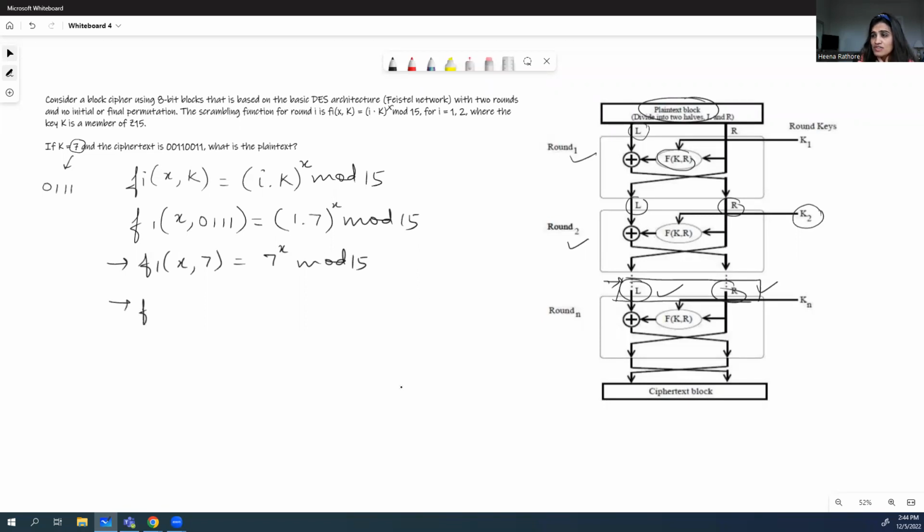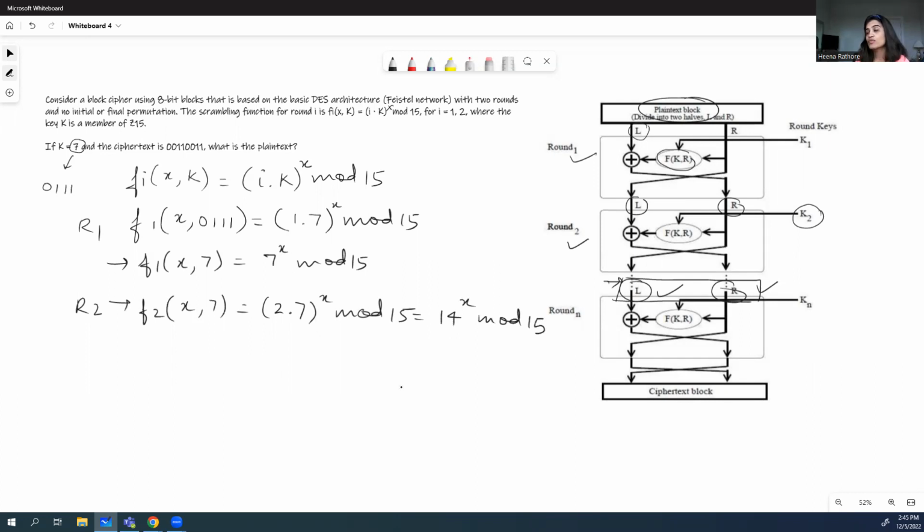For round 2, f_2(x, 7), once again the key is 7, and here it is i to the power of i times k. Since it is the second round, it would be 2 times the key, which is 7. Here it was i; this was for round 1 and this is for round 2. So round 2 is 2 times 7 to the power of x mod 15, which in this case would be 14 to the power of x mod 15.